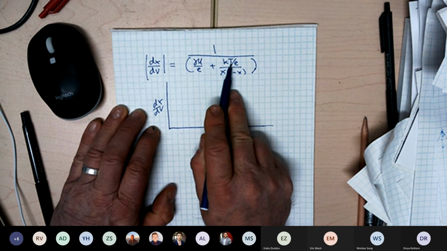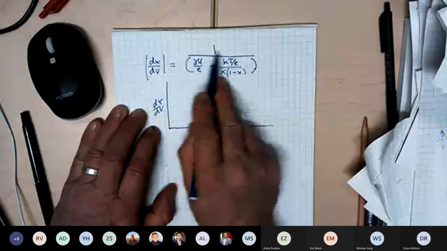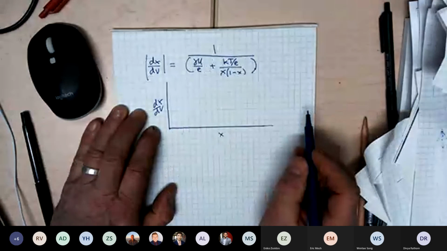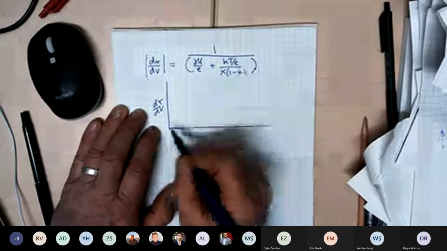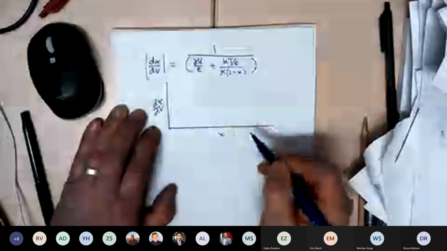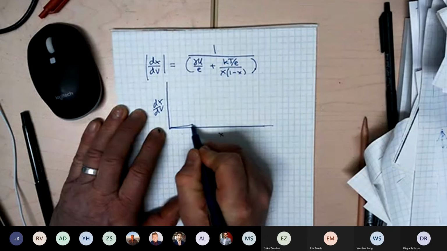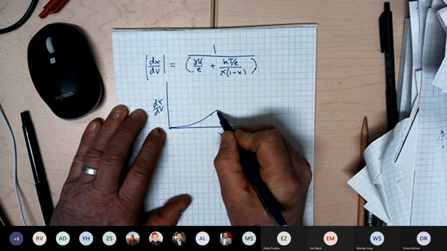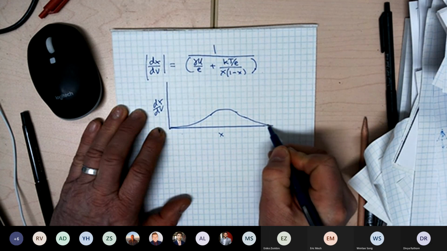There'll be some value of temperature where this denominator becomes 0. And where that happens, dx dv will go to infinity. So if you can plot these curves, they'll kind of look like this.